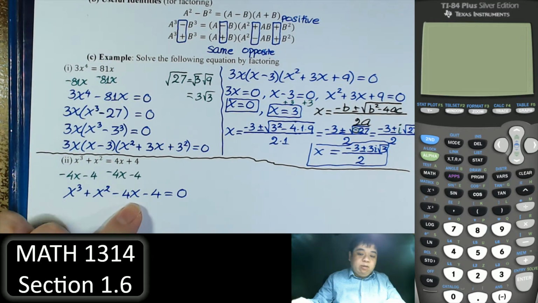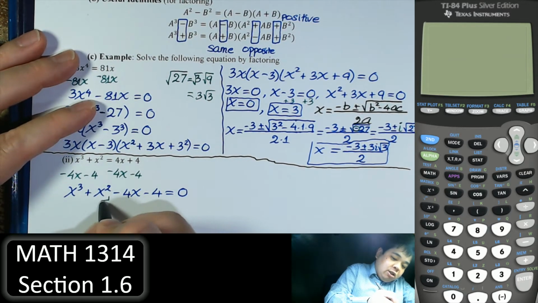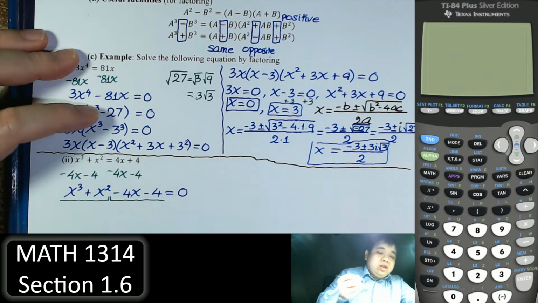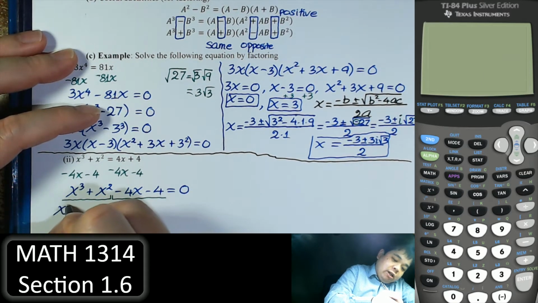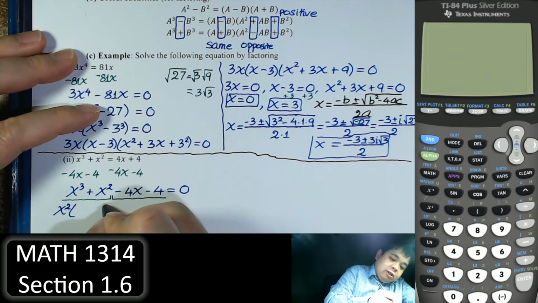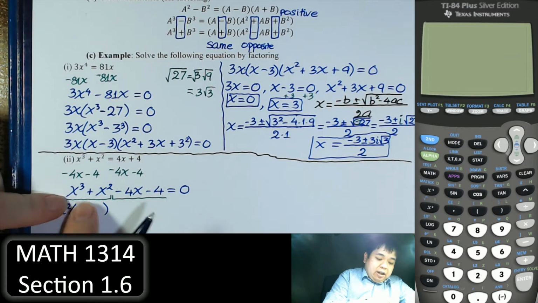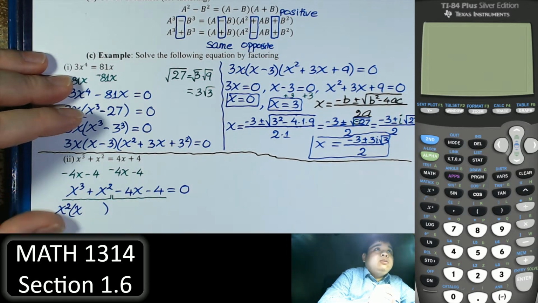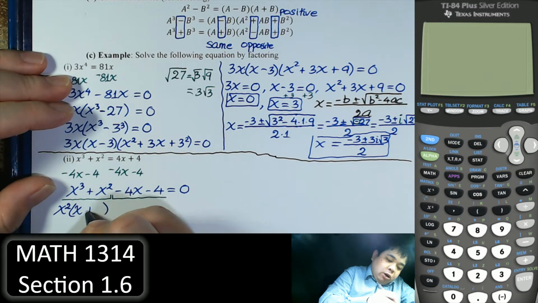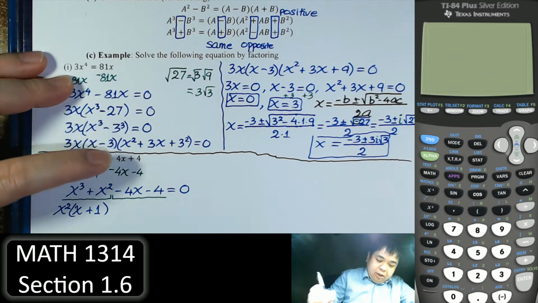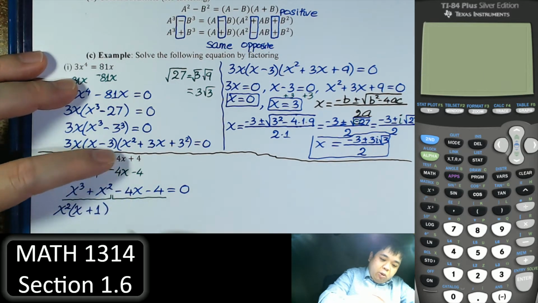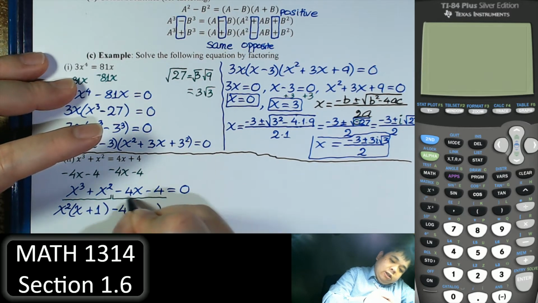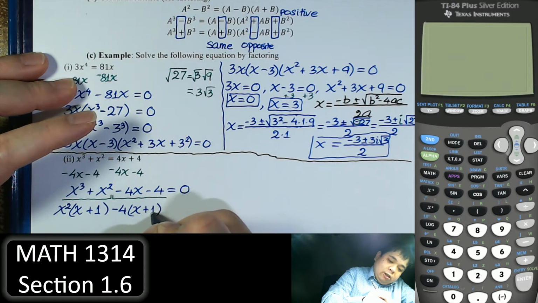Here we have 4 terms. Why don't we just factor the first 2 terms and the last 2 terms? X cubed plus x squared can factor out x squared, and then x cubed divided by x squared is x, plus 1. Minus 4x minus 4, both have minus 4 in common, so we have x plus 1.